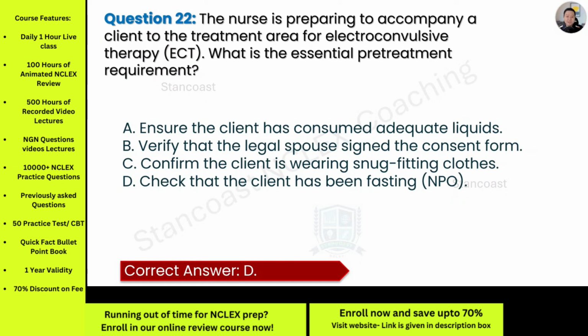So you have to take note here that our priority is about the client's safety involving aspiration risk, as we know that this procedure involves the administration of anesthesia. So you have to eliminate options that contradict the NPO requirement for aspiration prevention.